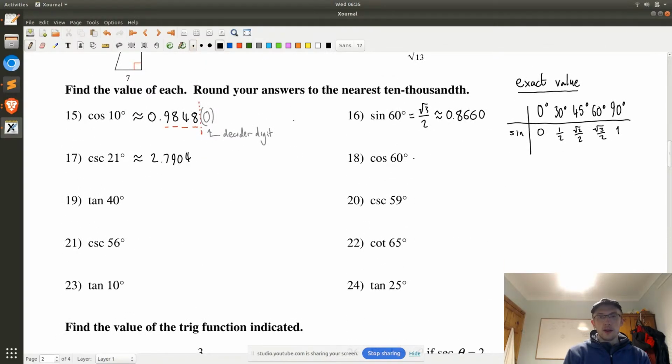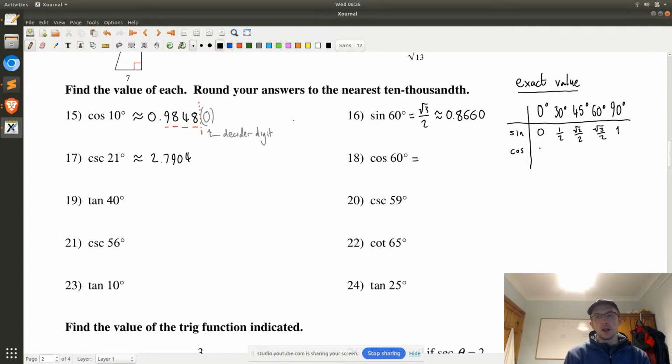Cosine of 60 degrees, another one that you're expected to know. Over here in the exact value table, I'm going to write down the results for cosine. A lot of people remember this as simply like sine but going backwards. The exact values for sine but going backwards. And that's fine. Just for this very tiny portion of the table, that rule works.